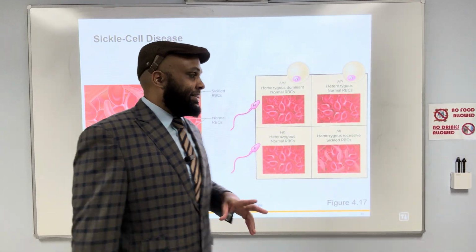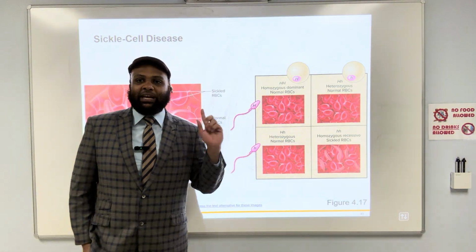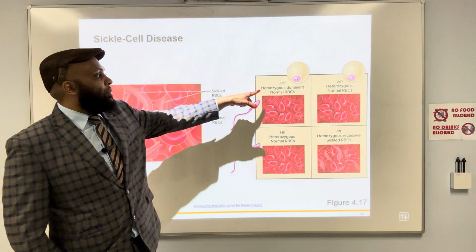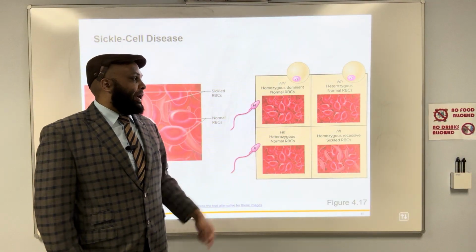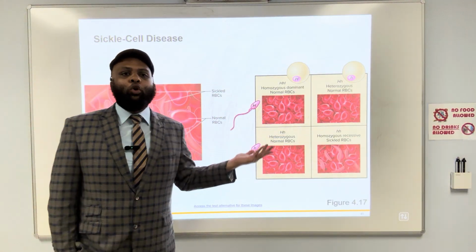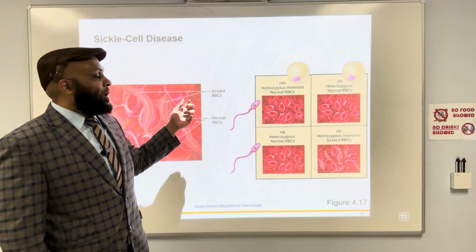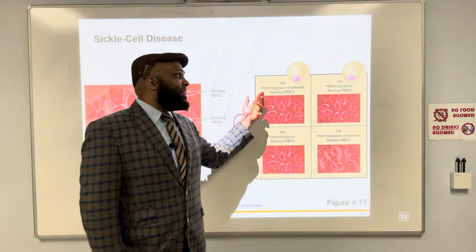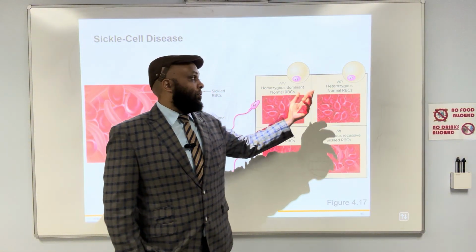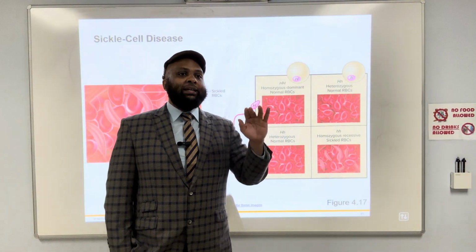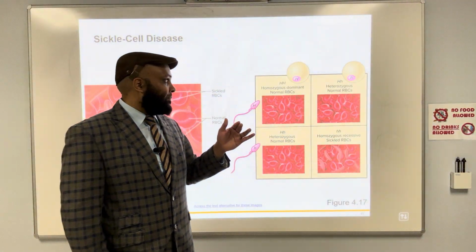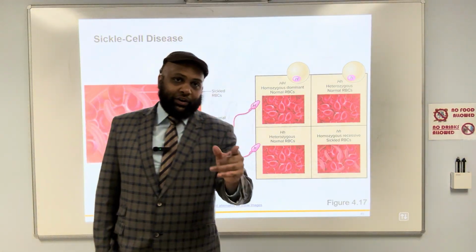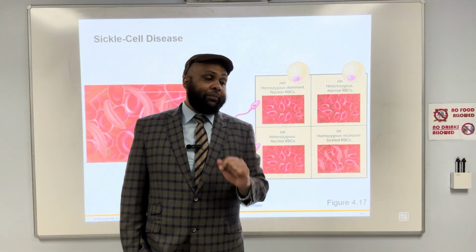So how do you get that disease? You have to be homozygous recessive. If you are homozygous dominant, two capital H's, then you will be normal. If you have a dominant allele and a recessive allele combined, that's heterozygous, and you're a carrier. You don't have the disease, but you're a carrier.